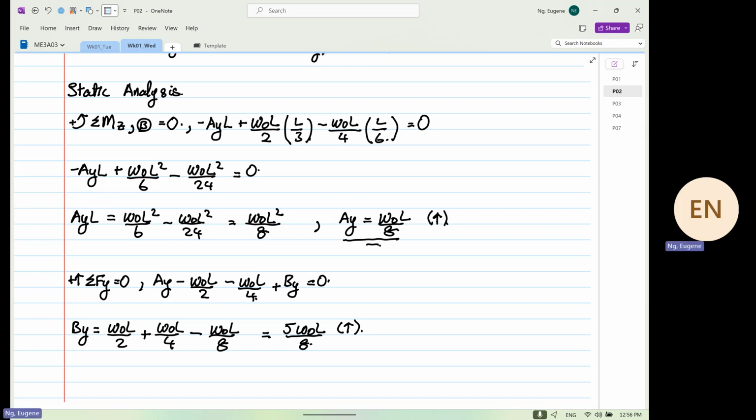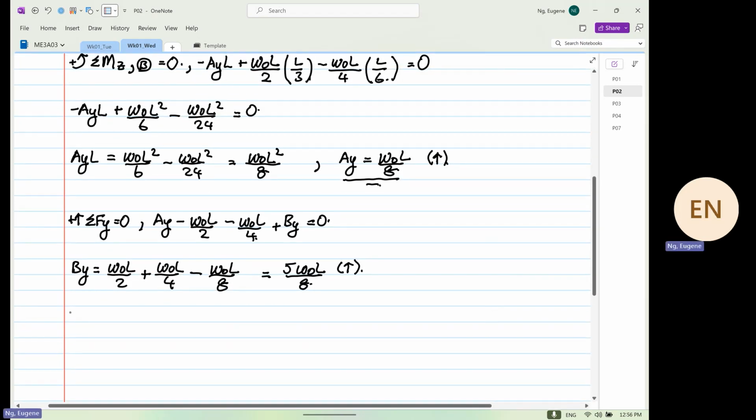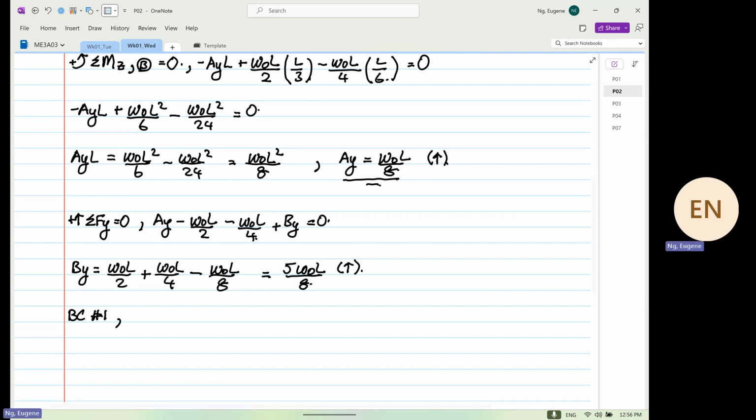So now we have found two boundary conditions. Boundary condition number 1 that we have found: when x is equal to 0, AY is equal to omega naught L divided by 8.